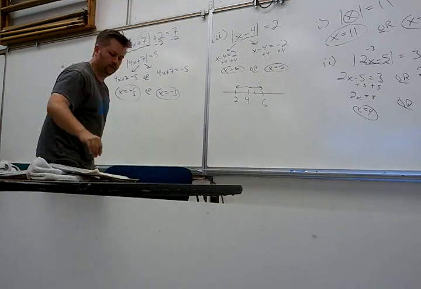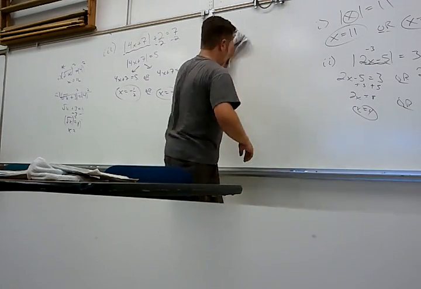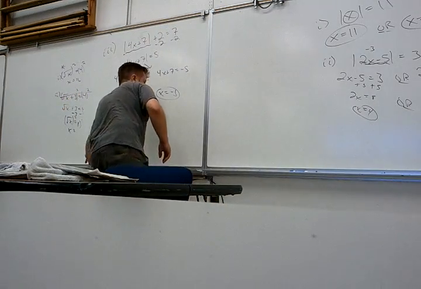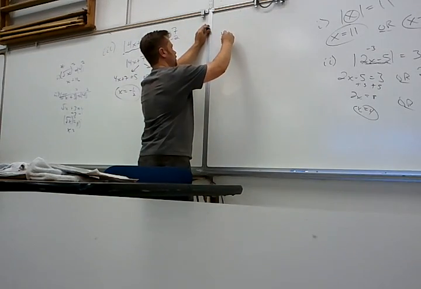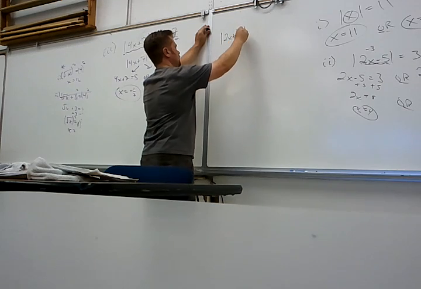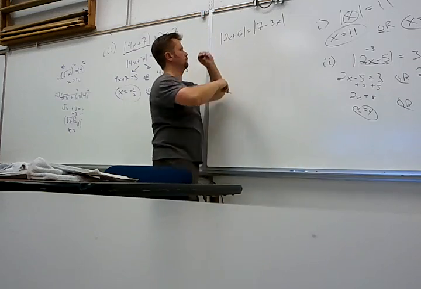What about this? Here, we haven't looked at this yet. What if I had the absolute value of 2x plus 6 equals the absolute value of 7 minus 3x?